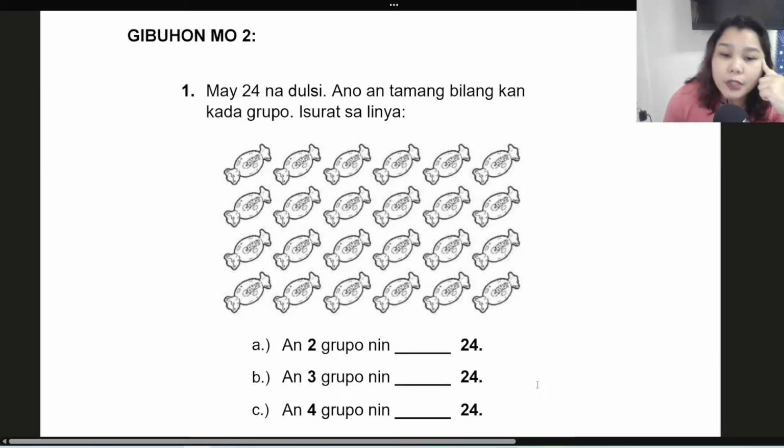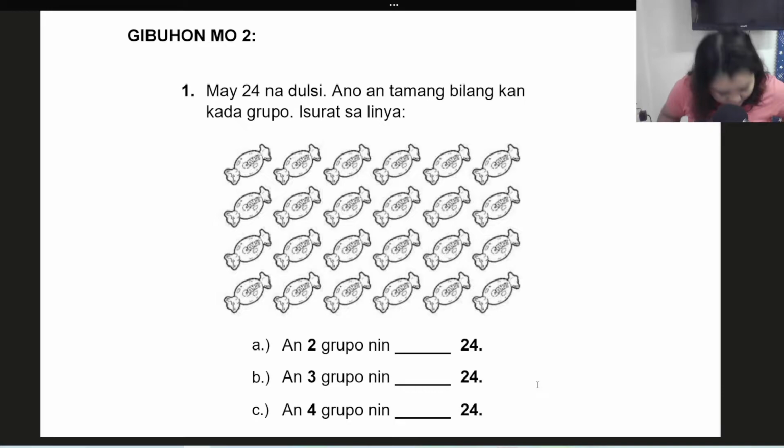Or, if you have your counters, what do you mean by counters? If you have pebbles, straws, sticks, na pwedeng igaya mo sa number of given. Halimbawa, 24 na dulce, pwede rin, I think I have here, popsicle sticks. Ayan.